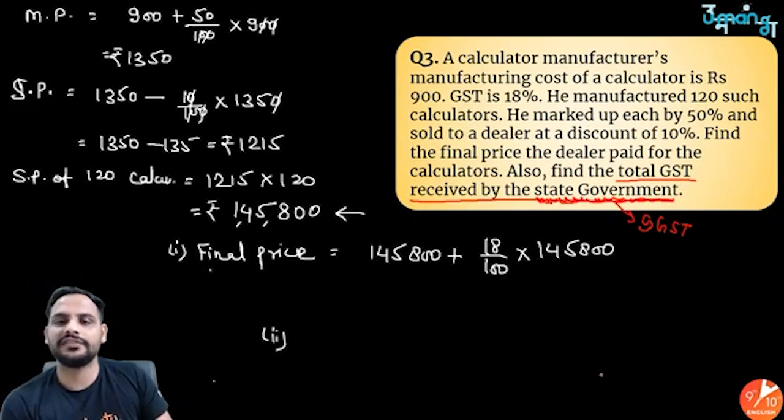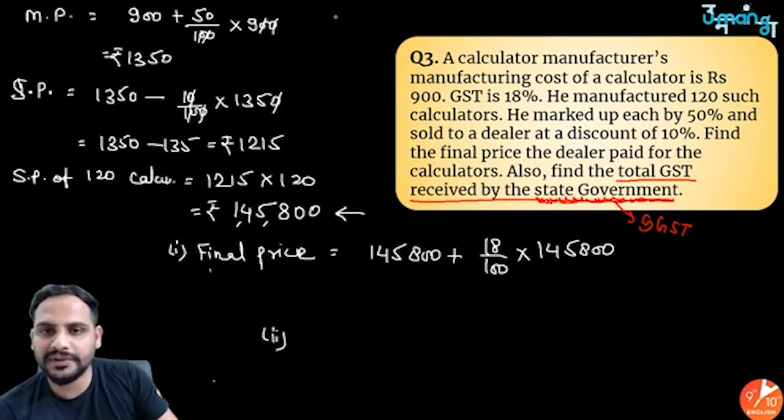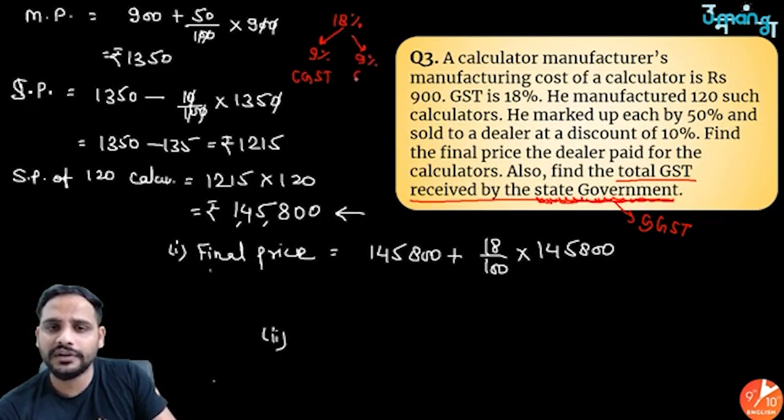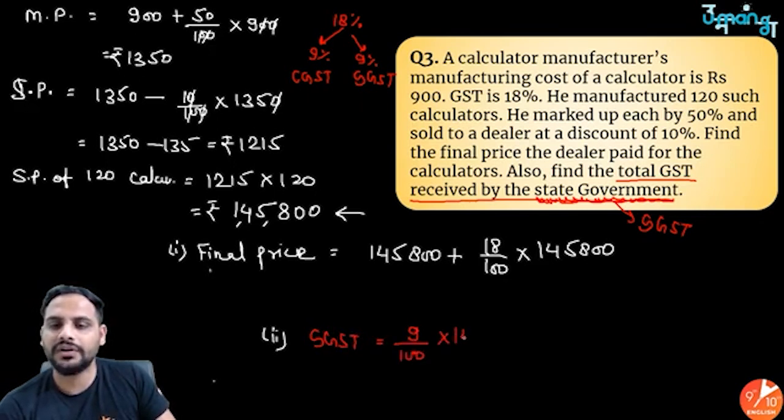Here the rate is 18 percent, so 9 percent goes under CGST and 9 percent goes under SGST, half each. So SGST, the state government GST, will be 9 percent of 1,45,800. Got it? This is the main part.